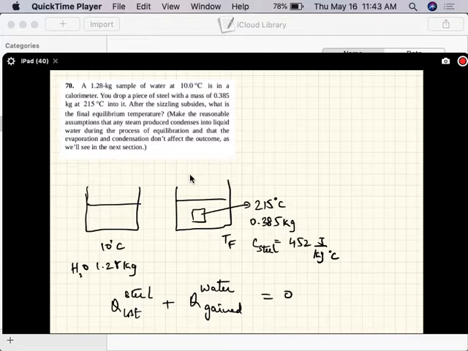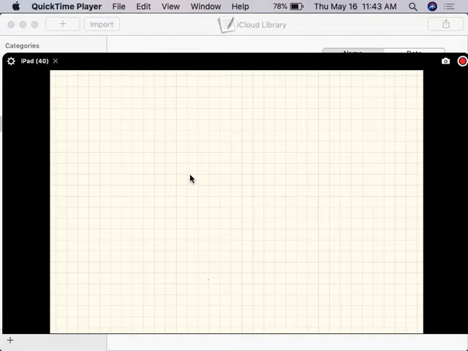Okay, that's the deal. So heat lost, it's mass of steel, specific heat of steel, and change in temperature of steel, plus heat gained by water, mass of water, specific heat of water, times change in temperature of water, equal to 0.